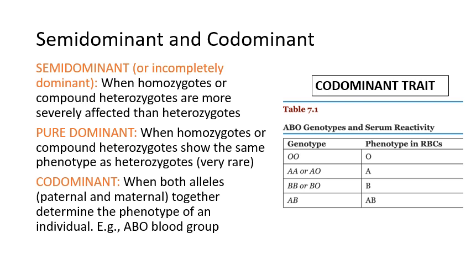So we talked about that in the Punnett table before. If they carry 2 affected copies, they could be more severely affected compared to people who carry only 1 affected copy. So that is called semi-dominant or incompletely dominant.